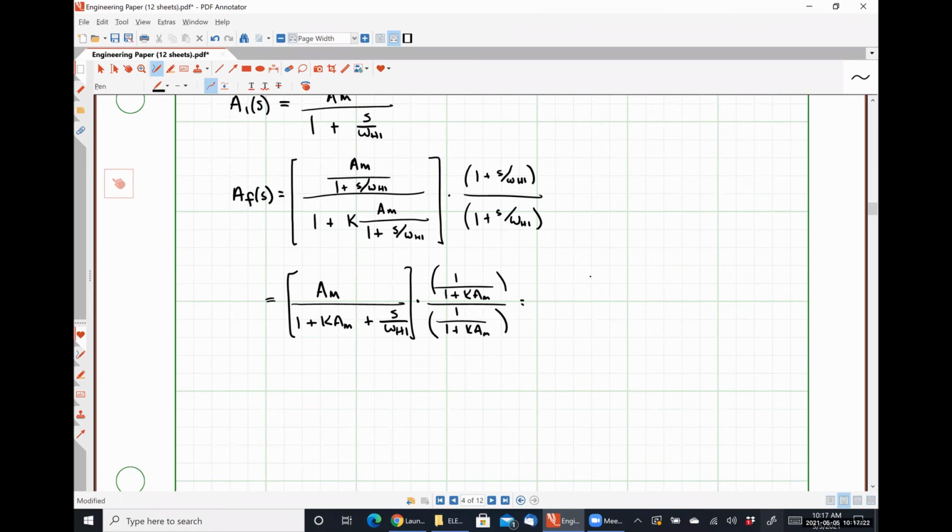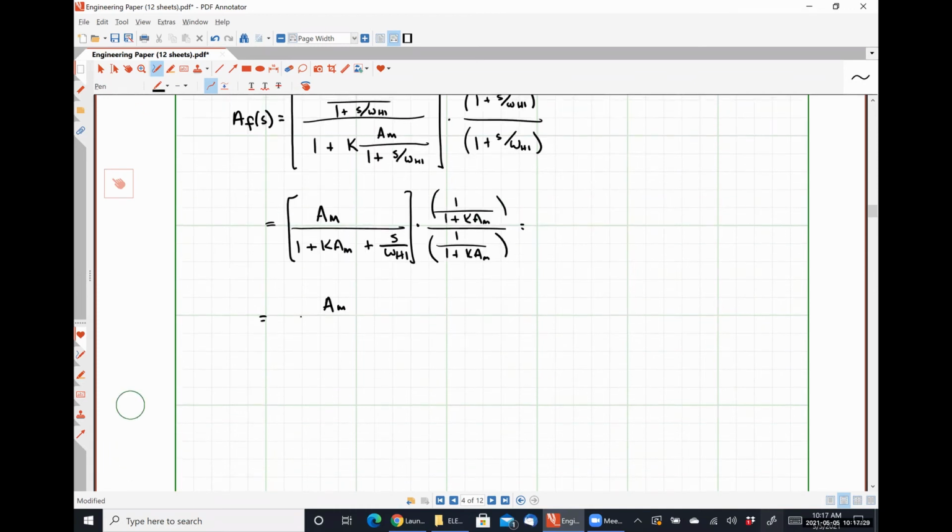And this is going to give me AM divided by 1 plus K AM, divided by 1 plus S over 1 plus K AM times omega high. Okay. This is an interesting result.